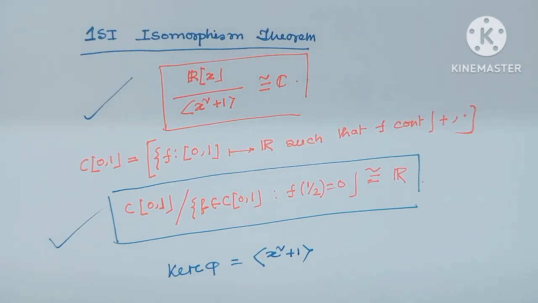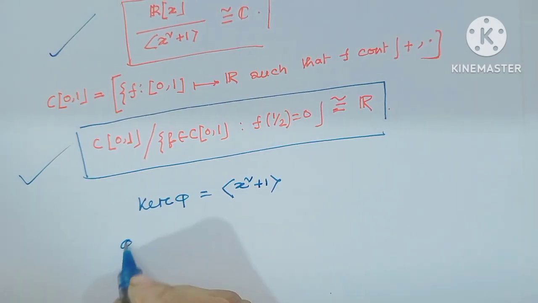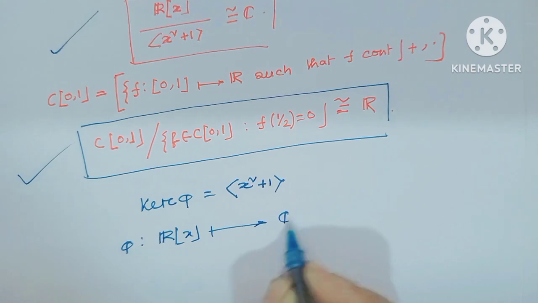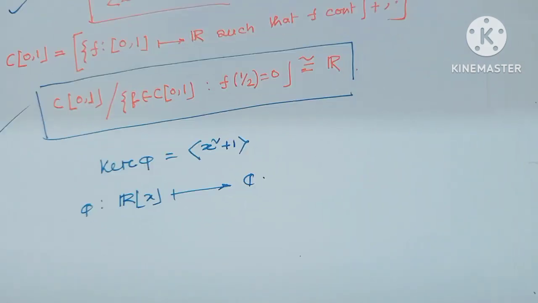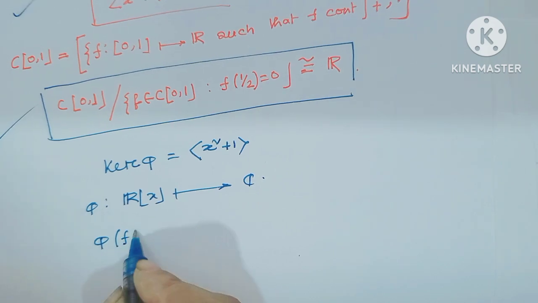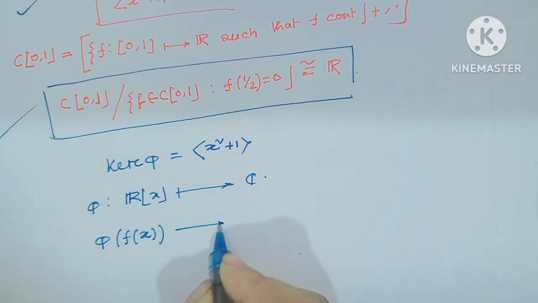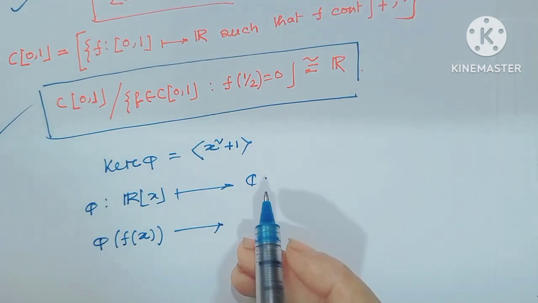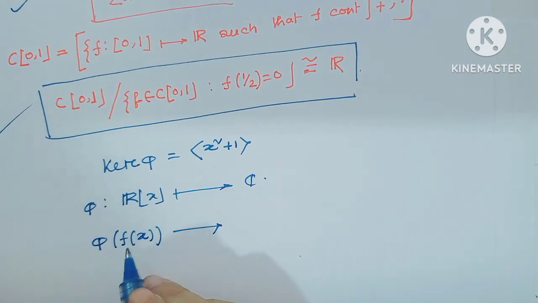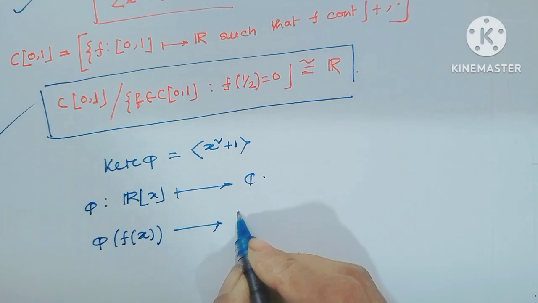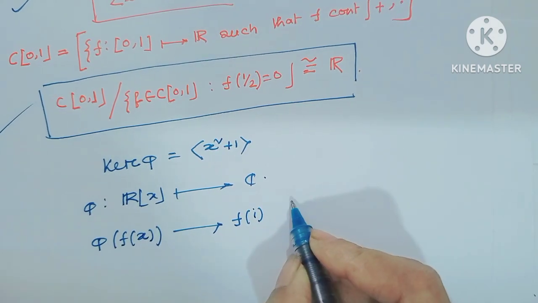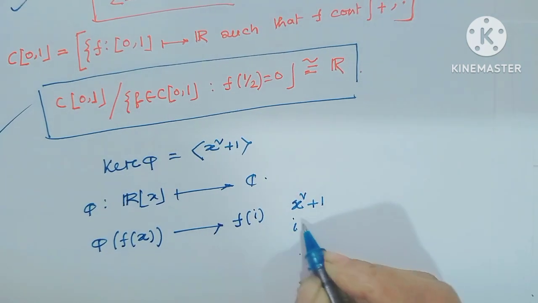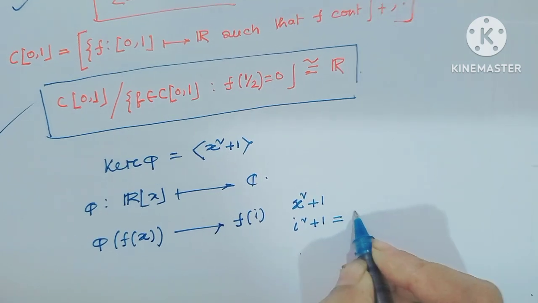So consider one function φ from R[x] to the complex numbers, and the function looks like φ(f(x)) = f(i). Since the kernel of φ is the ideal generated by x² + 1, if you put i here, then this value x² + 1 would be 0 after putting i.